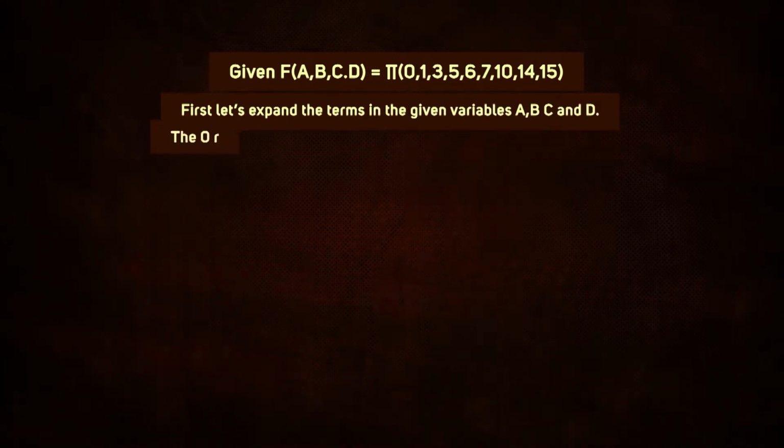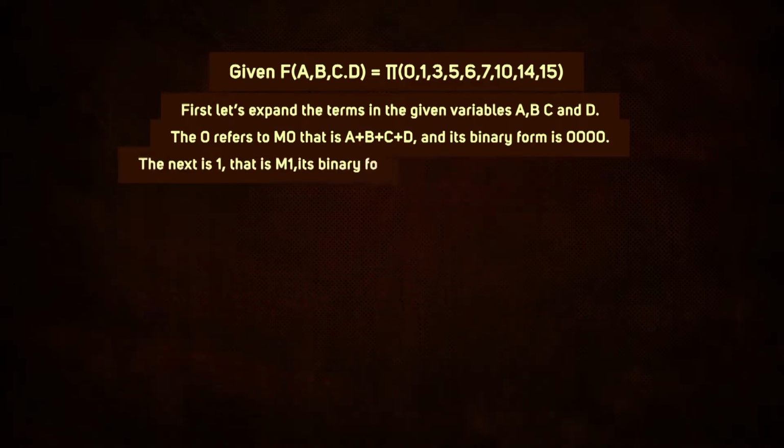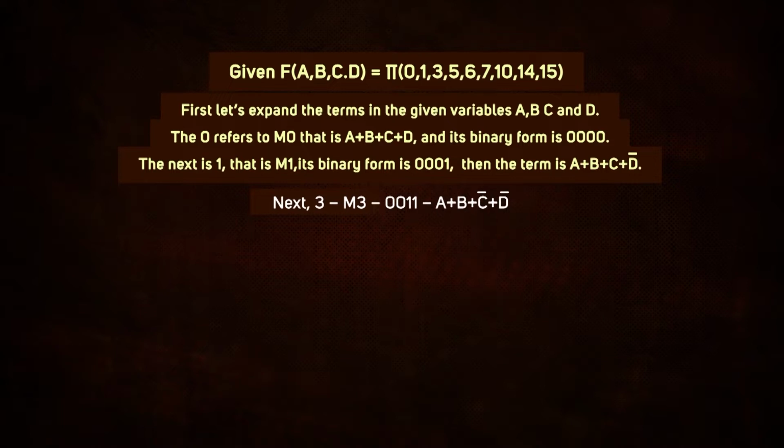The 0 refers to m0, that is a plus b plus c plus d, and its binary form is 0, 0, 0, 0. The next is 1, that is m1. Its binary form is 0, 0, 0, 1. Then the term is a plus b plus c plus d complement. Next is 3, that refers to m3, and the corresponding binary is 0, 0, 1, 1, which is a plus b plus c complement plus d complement.